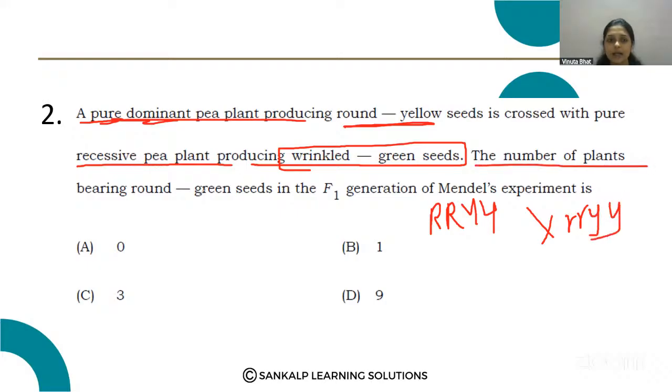The number of plants bearing round green seeds in the F1 generation.